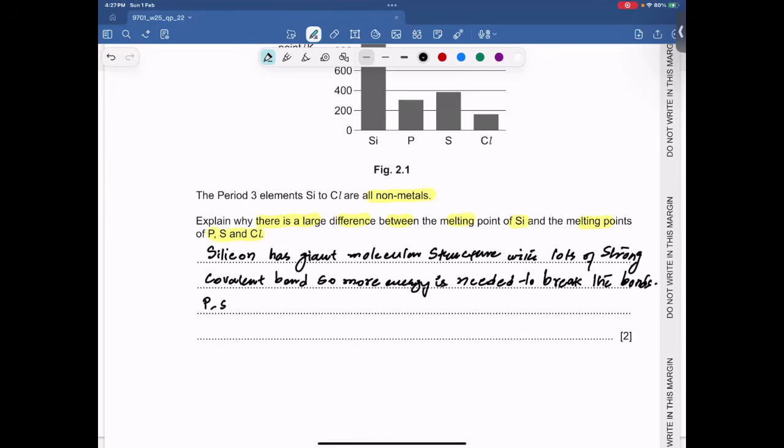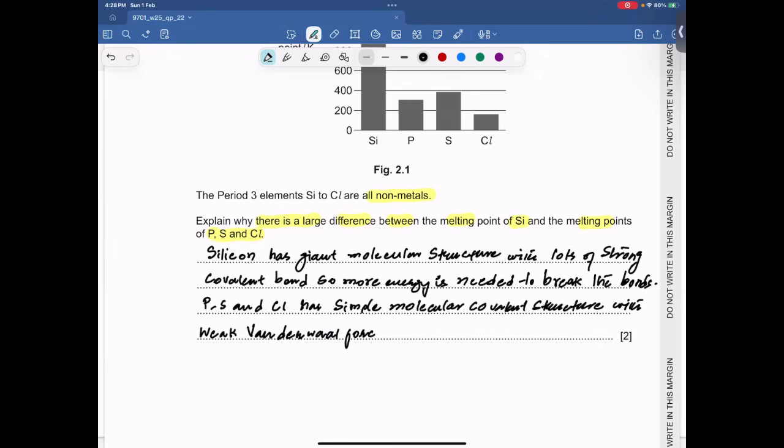Phosphorus, sulfur, and chlorine have a simple molecular covalent structure with weak van der Waals forces, so less energy is required to break such forces. Okay.